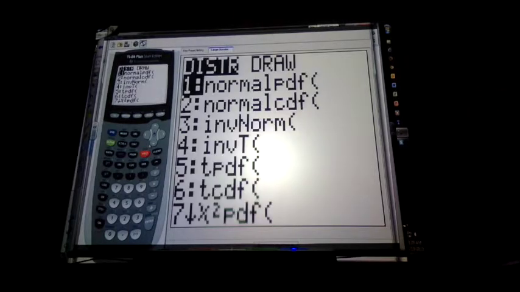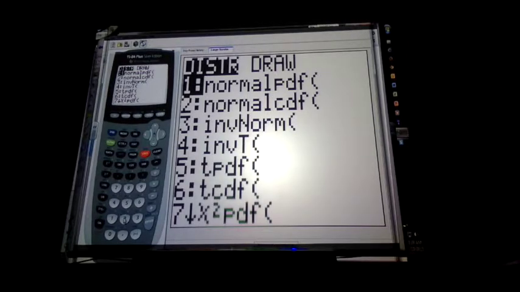Bust out the calculator. First thing we're going to do, everyone see it okay? Is I am going to hit second, vars. Under second vars, I'm going to find normal CDF, which looks like number 2.